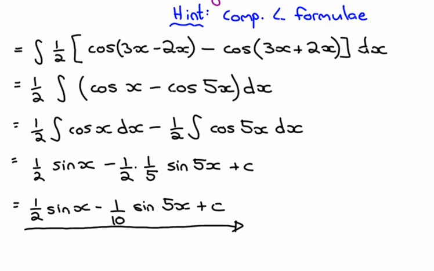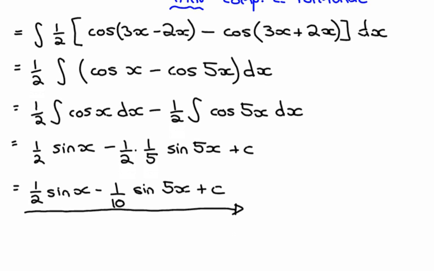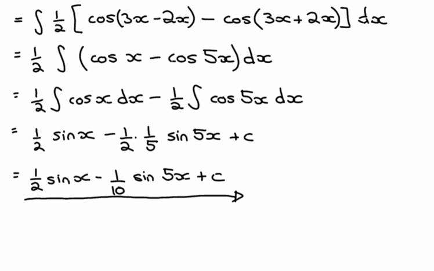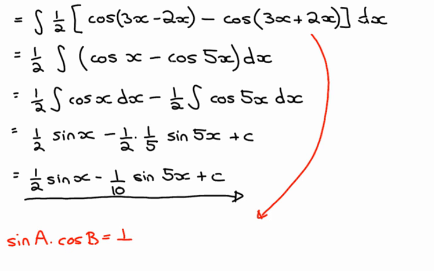And just for when you're studying, in case you're wondering again where we got this from, let me just put it down here where we have some space. Got that from the identity that says sine of an angle times sine of an angle is equal to half cos of the first angle minus the second angle minus cos of the first angle plus the second angle.